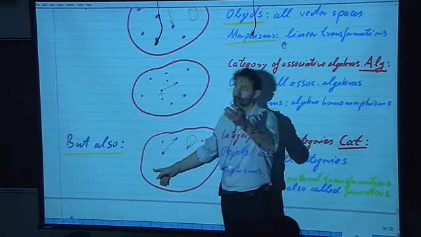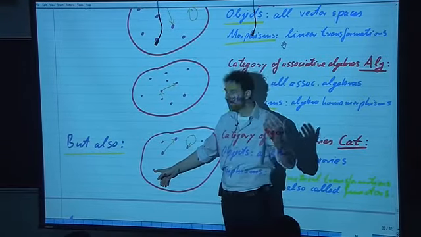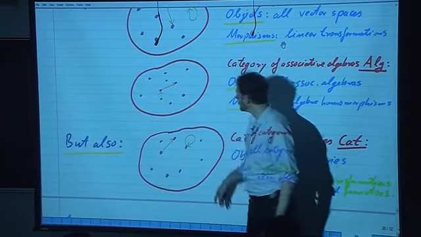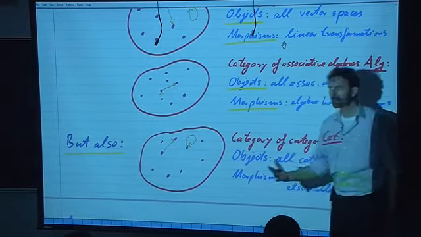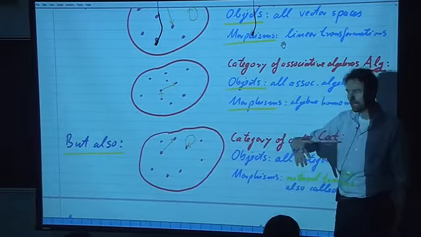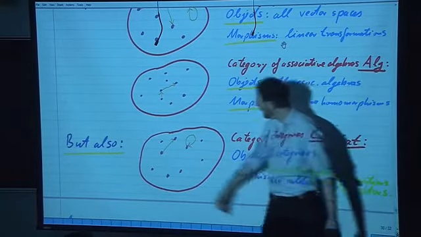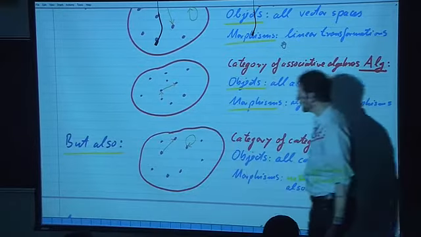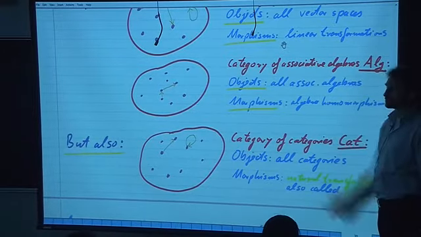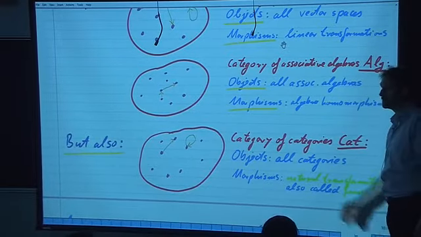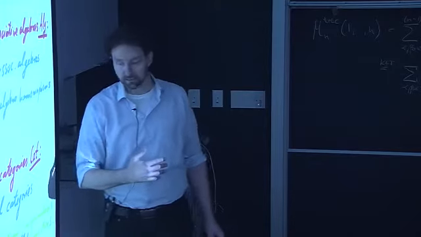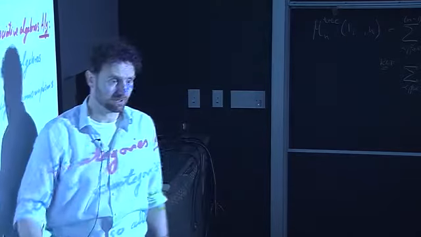This differentiable manifold, that differentiable manifold, and so on. So this is a category where the objects would be differentiable manifolds and the morphisms, the arrows, are diffeomorphisms. Here we have a category that has as its objects the abelian groups, and the morphisms are the group homomorphisms.